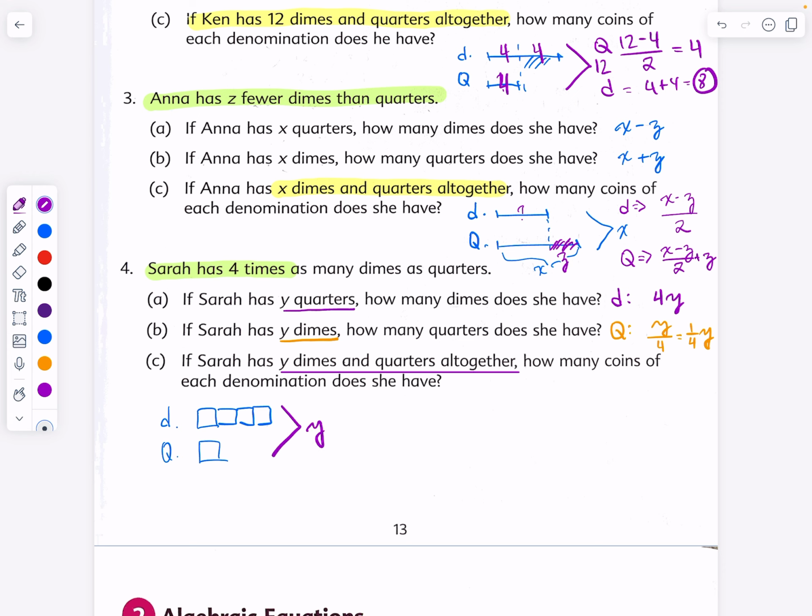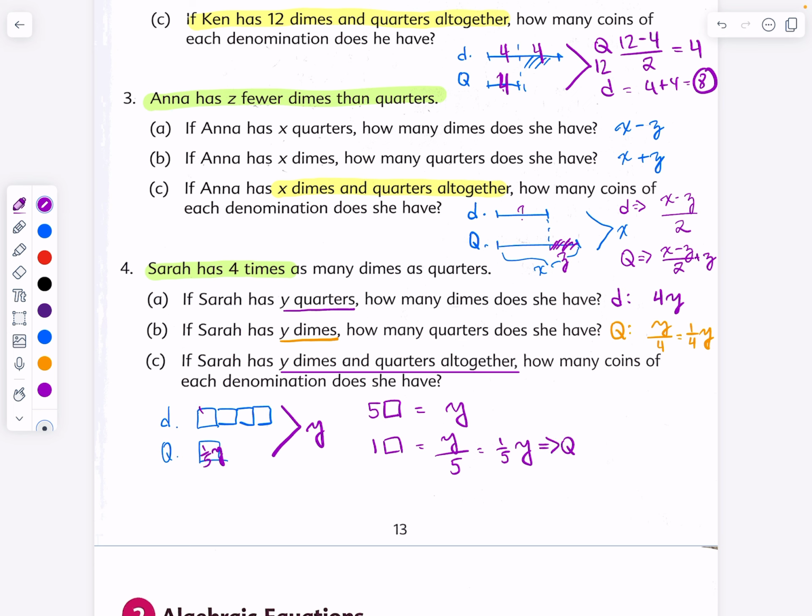Well, we have 5 units and they're equal to Y. That means 1 unit equals Y divided by 5, or same thing as 1/5 of Y. Therefore, 1/5 of Y is for quarters, right? That's our quarters.